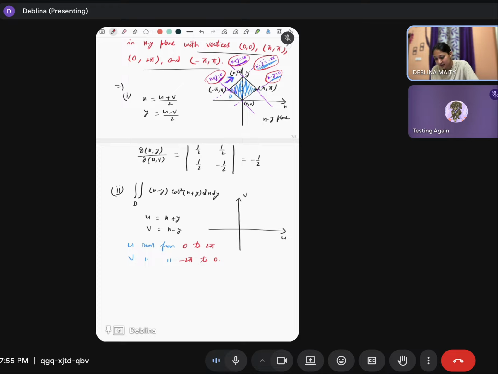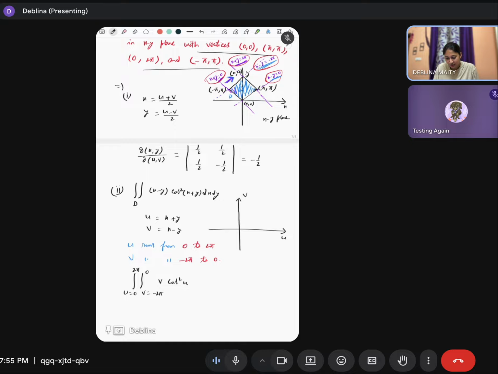So now what is the integral? The integral becomes u from 0 to 2 pi and v from minus 2 pi to 0. And x minus y is now v. This is cos square of x plus y, which is u.